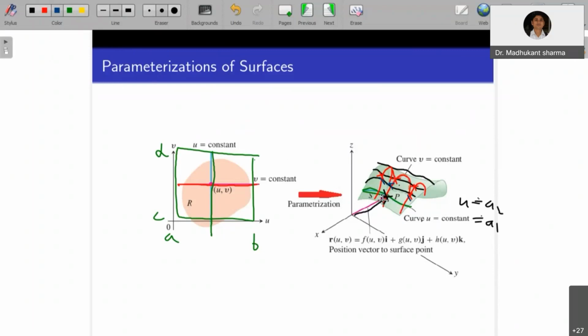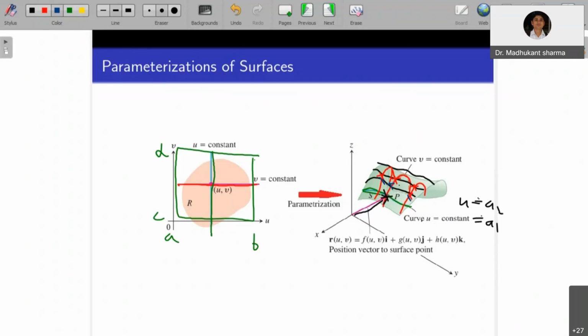Now the important thing is we should be careful that you are not getting repeated vectors. When you intersect the curves u equals to a3 and v equals to some a2, both will intersect at a single point.